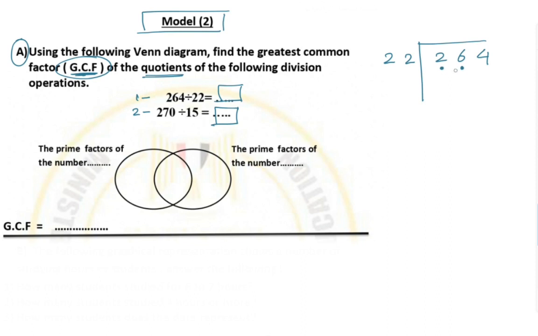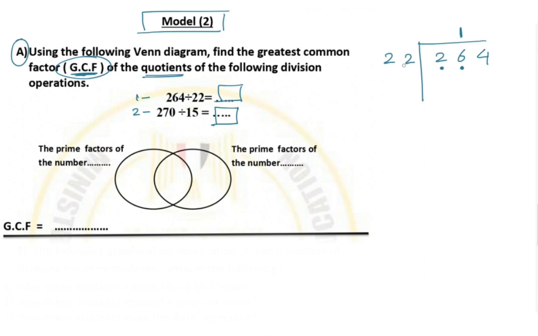So we have 26 divided by 22. 26 has how many 22s? 26 has just one 22. So write the 1 above the last digit we take with us.